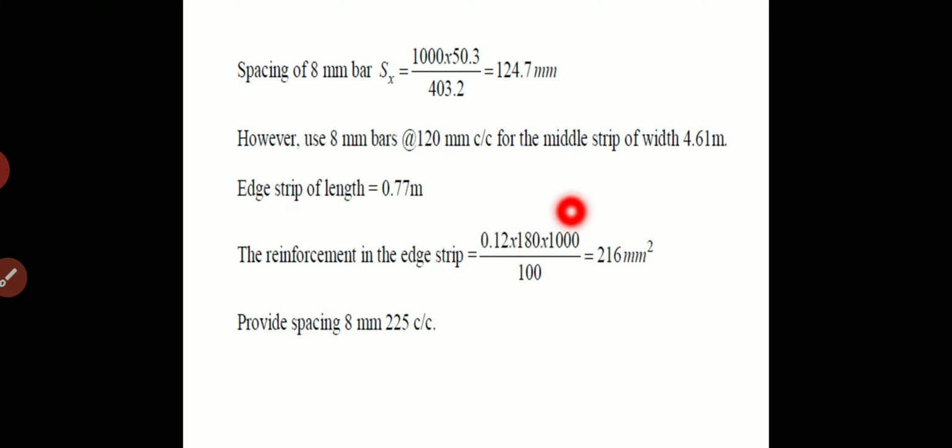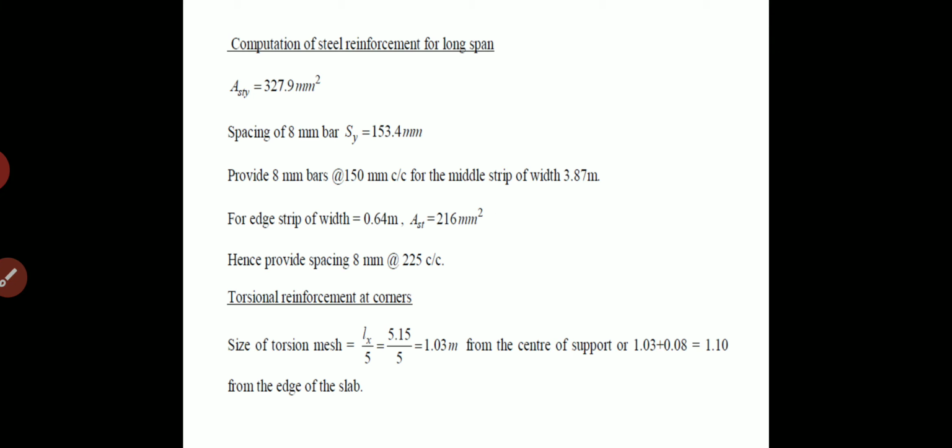Here B equals 1000 mm and D equals 180 mm. We get the reinforcement in the edge strip as 216 mm square. Provide spacing of 8 mm at 225 center to center spacing.